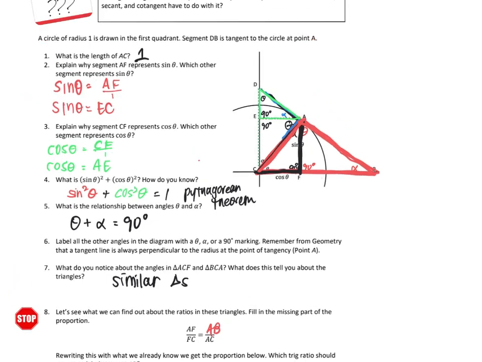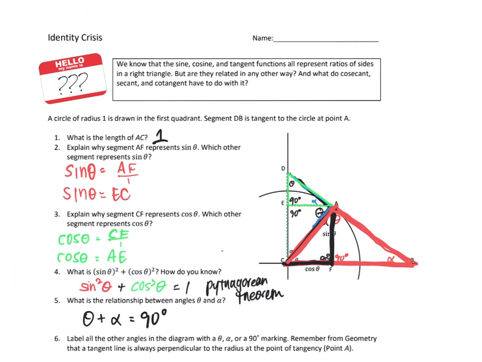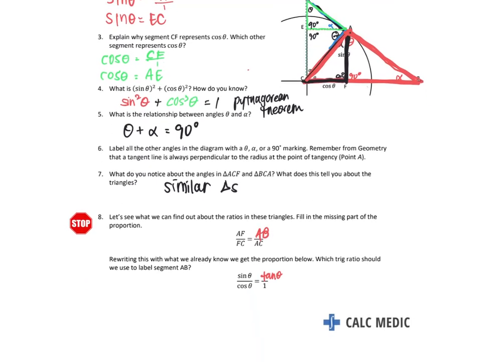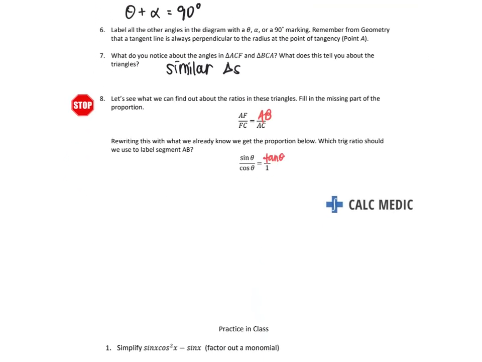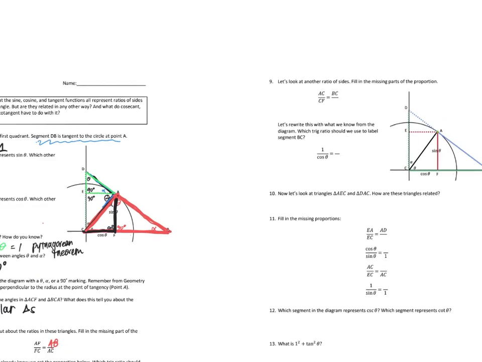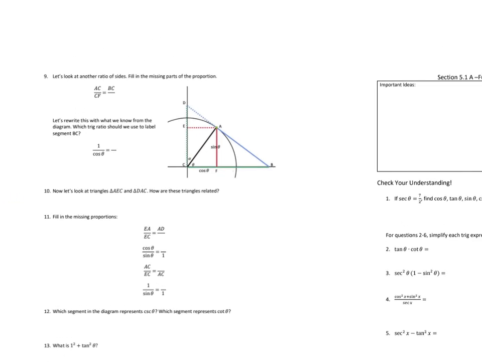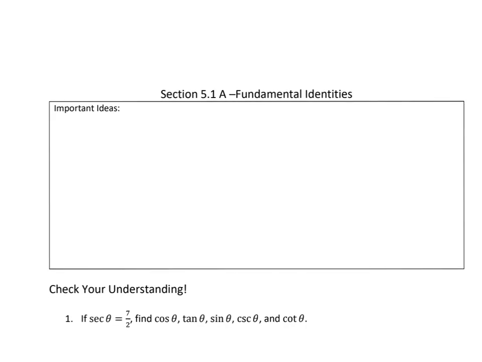Since we said up at the beginning that that segment is tangent to the circle at point A. Okay, we are going to move on to the next page. I think your guys' notes don't include this page, so we're going to skip here.